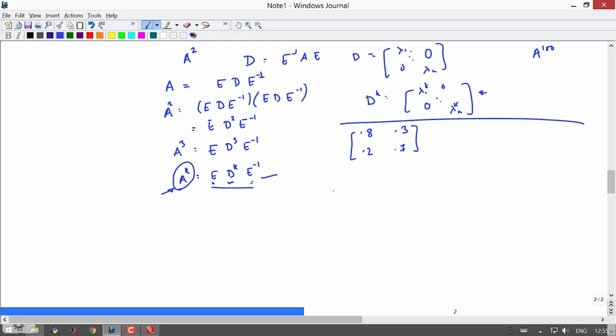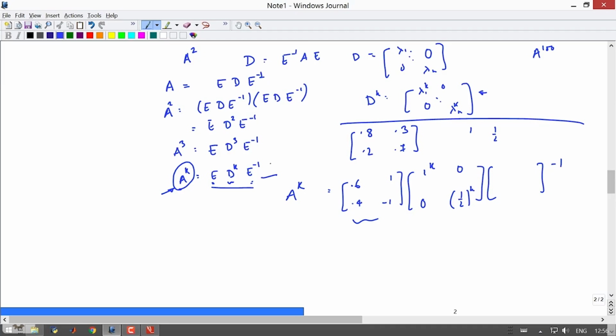These had eigenvectors of the form 0.6, 0.4 and 1, minus 1, and the eigenvalues were 1 and 1 by 2. So here I will have E inverse A E, so whatever is here, this will be 1, this will be 1 by 2 power k, and similarly with the inverse element here, this will be my A matrix raised to the power k.